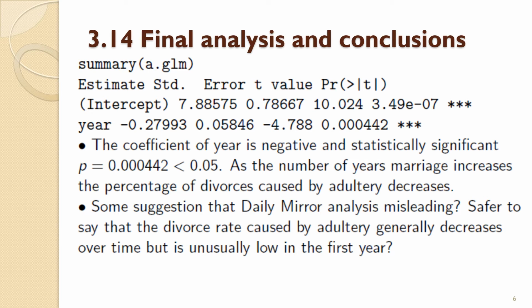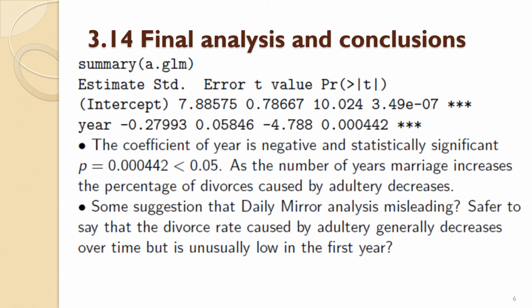So if you look at the second row, what you see here is that the coefficient of year is significant precisely because the p-value at the end is less than 0.05 and you've got some asterisks at the side of this number. The thing to point out here is that once you get rid of the quadratic term for year in the model, then the coefficient of year is statistically significant and negative.